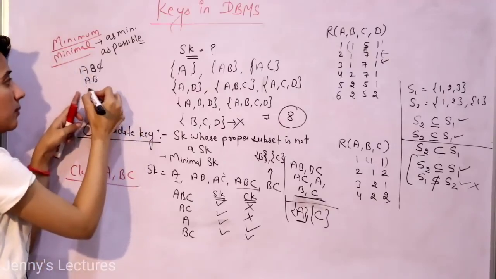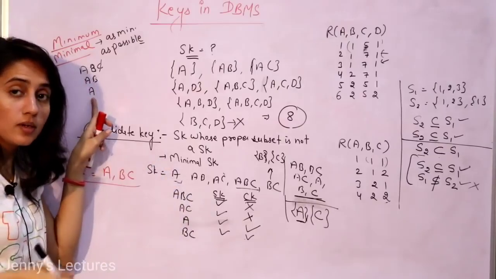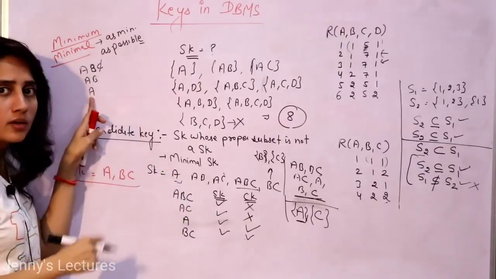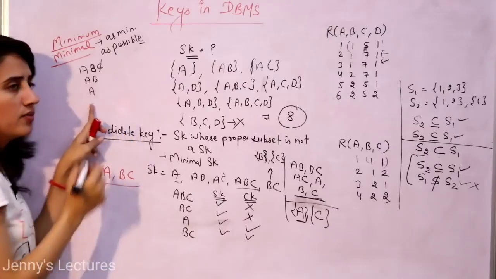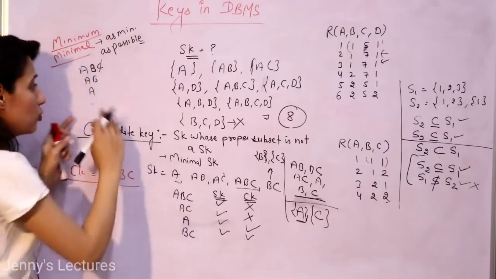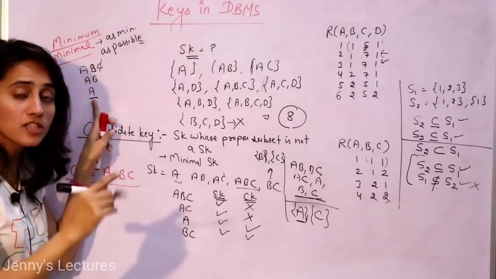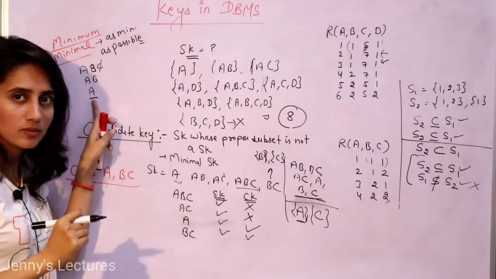Yes, I can discard B and what is left is A, and A is still a super key, right? Now can you discard from A? No. If you discard A, you are left with the empty set, and an empty set of attributes cannot be a super key. So now this is what? A minimal super key, as minimum as possible, right?